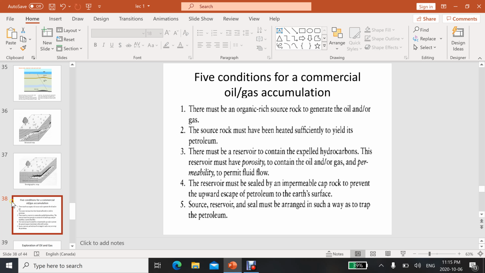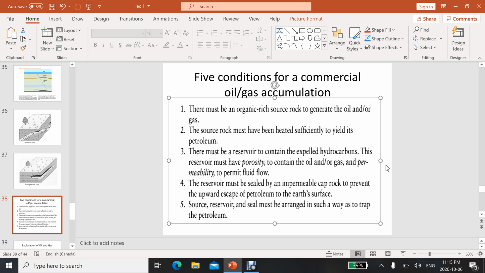Second, the source rock must have been heated sufficiently to yield its petroleum. I mean, the temperature range should be enough so that the source rock can generate oil and gas. And third, there must be a reservoir to contain the expelled hydrocarbons.